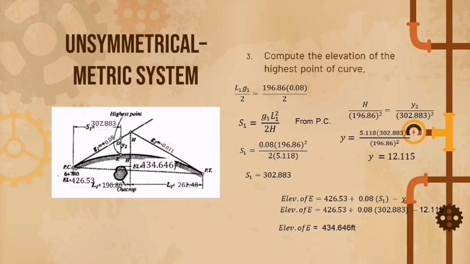Then we get the elevation of E. Elevation of E is equal to 426.53 plus 0.08 S1, or 302.883, minus the y, which is 12.115. If we compute that, our elevation of E will be 434.646 feet. And that's all.